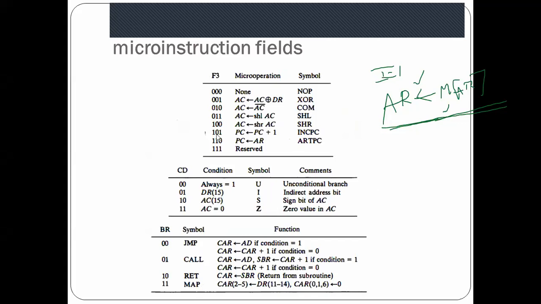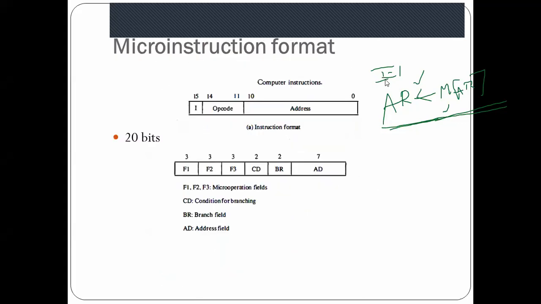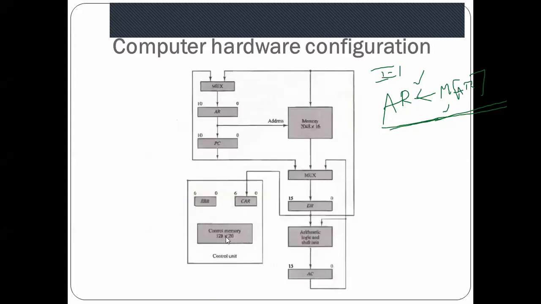So this is an example of the micro instruction format, where it uses 128 by 20 as control memory, and main memory is 2048 words. The remaining parts are common: we have the address register, program counter, data register, ALU, accumulator.